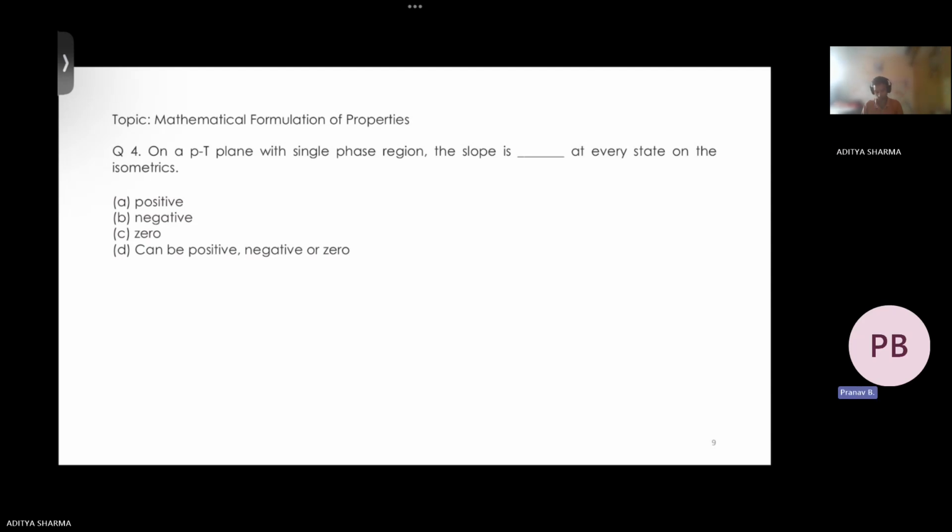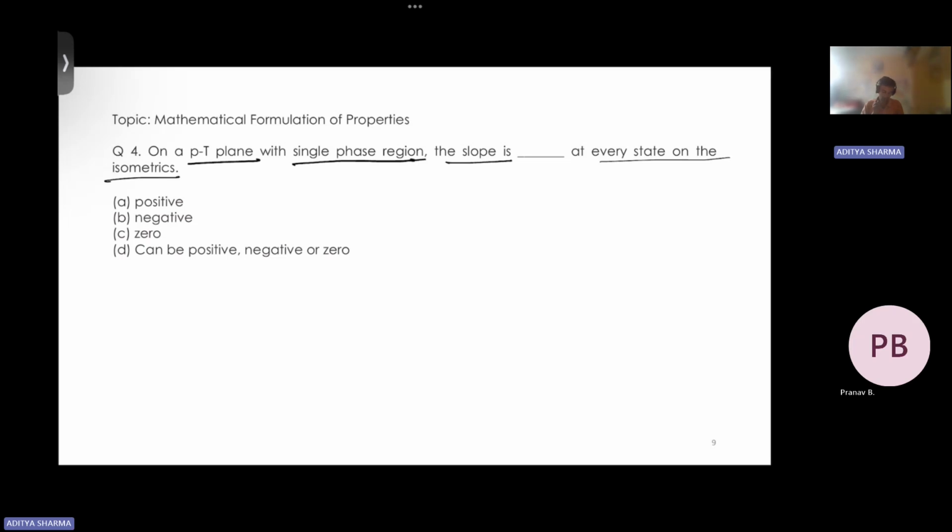The slope is positive, right? Okay. So the question says the pressure temperature plane or diagram, that is also phase diagram, with single phase region, the slope is dash at every state on the isometrics.